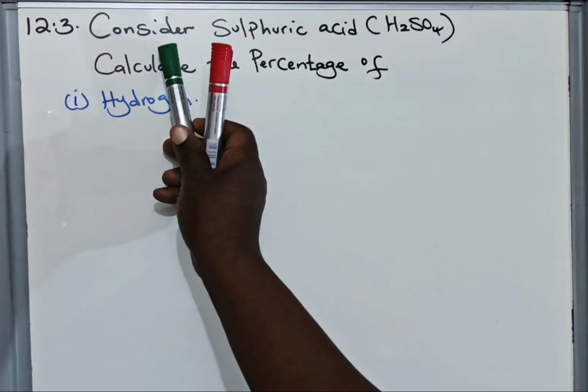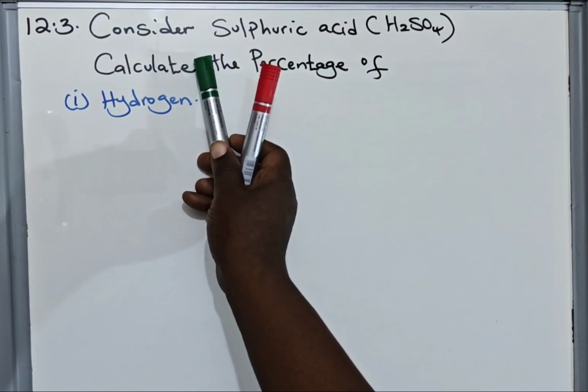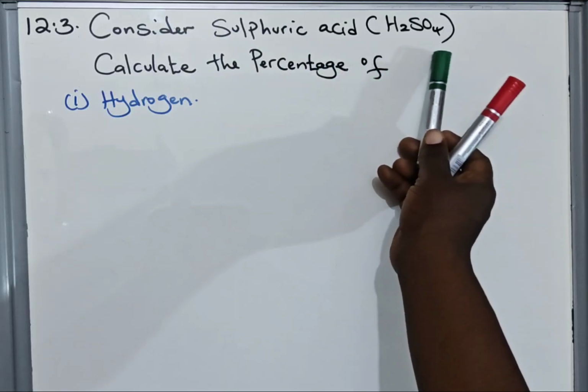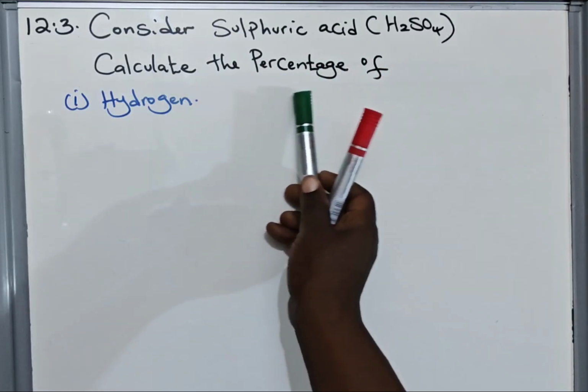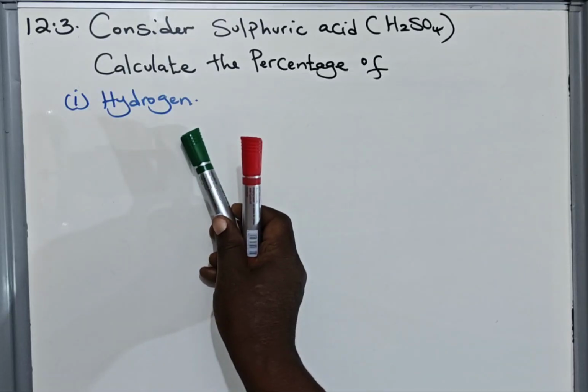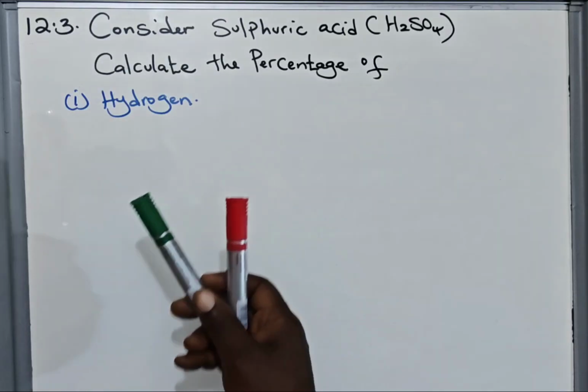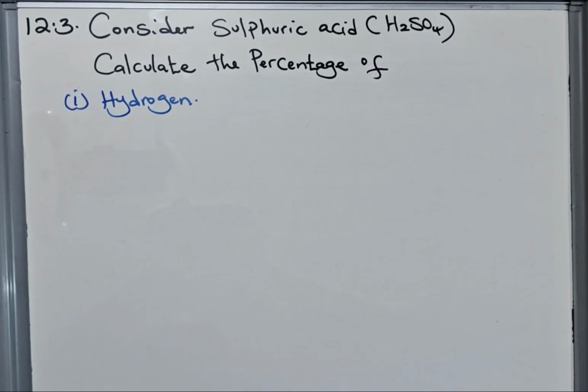Okay, we are looking at this question. It says consider sulfuric acid. This is its chemical formula. And they say calculate the percentage of hydrogen. Yes, how do we do this?